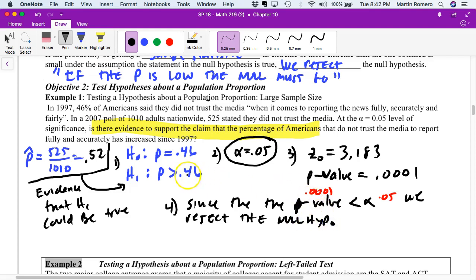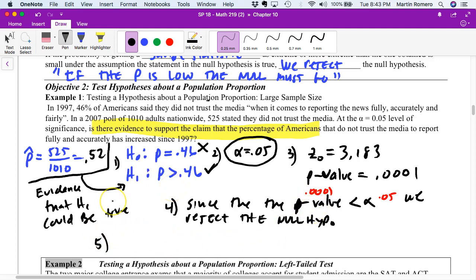We reject, which then means we're saying this is not true, and we're going to say that this is more than likely true. Since we have that evidence, it kind of bears out for us.